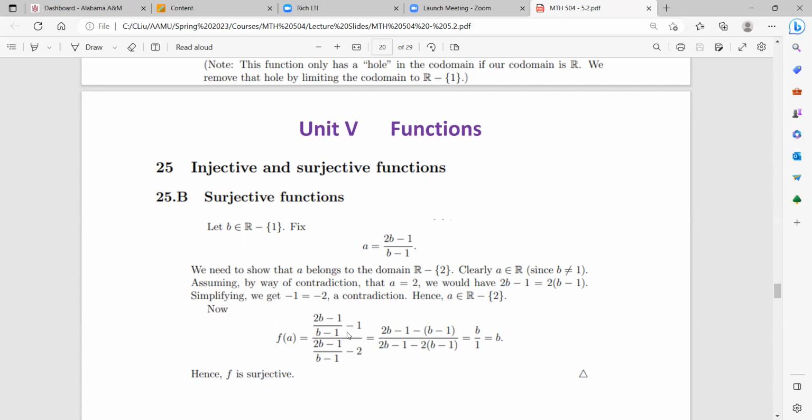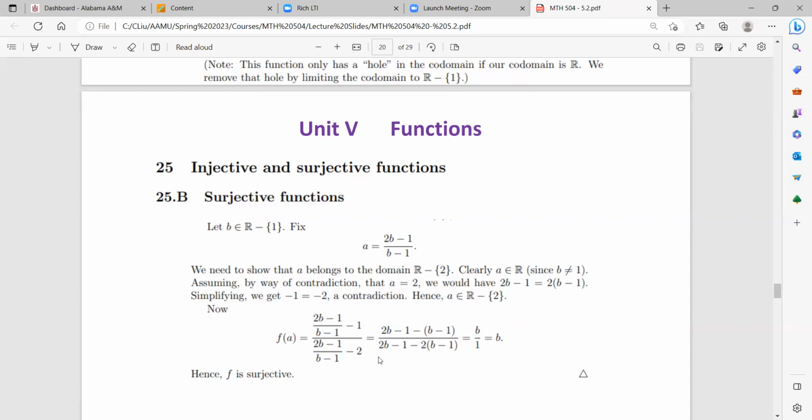So you just multiply by b minus 1 both on the top and at the bottom. And you just distribute b minus 1 on each term, both on the top and at the bottom. Okay, so in the first term of the numerator, b minus 1 and b minus 1 cancel. So you end up with 2b minus 1 and minus 1 times b minus 1, which is b minus 1.